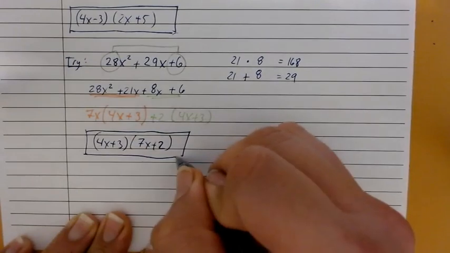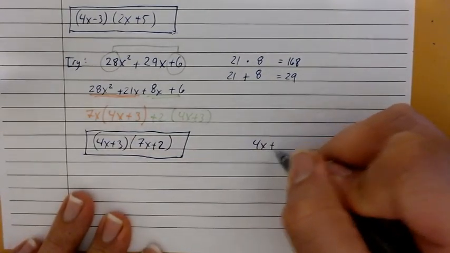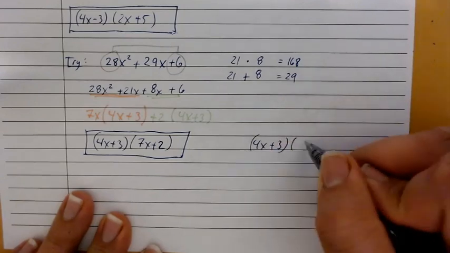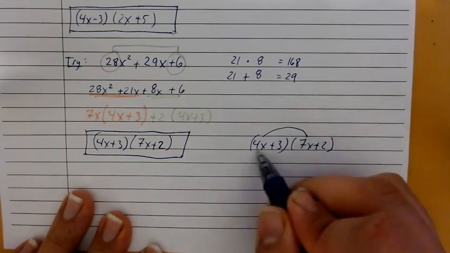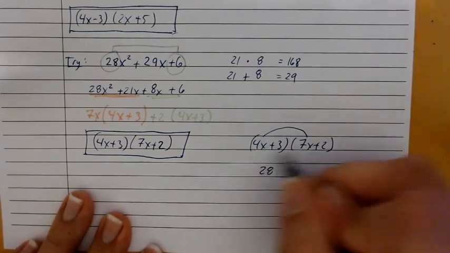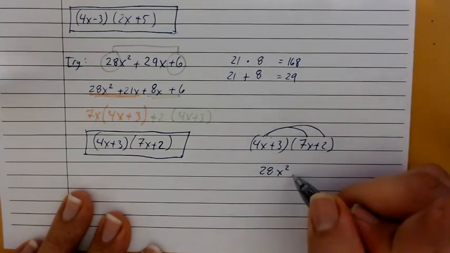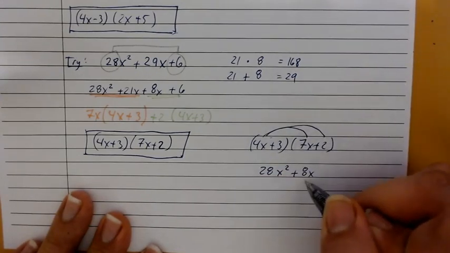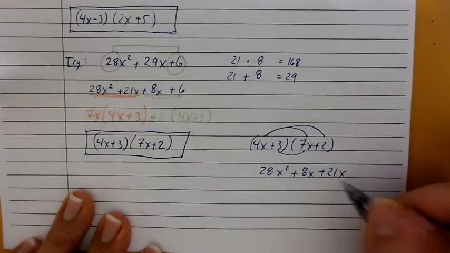Again, if you were in doubt, you could have multiplied this back out. 4x plus 3 times 7x plus 2. 7 times 4 is 28. x times x gives us x squared. 4x times 2 would give us 8x. 3 times 7x would be 21x.